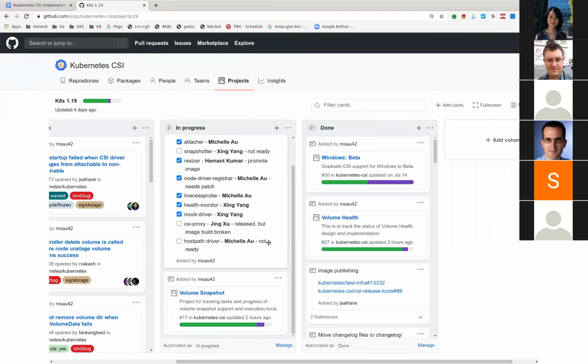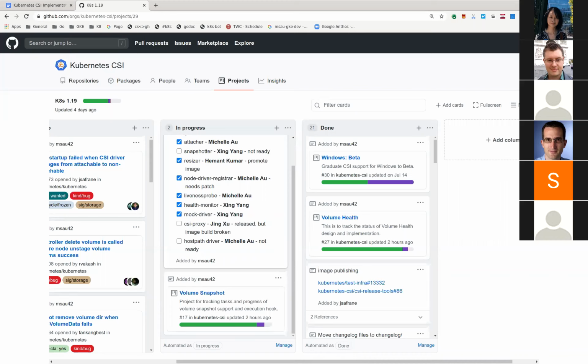All right. In terms of the other components, CSI proxy was released, but the image building is broken, so I asked Jing to take a look at that. I think the CSI proxy beta was also released, but they didn't promote some of the alpha APIs because they didn't change.